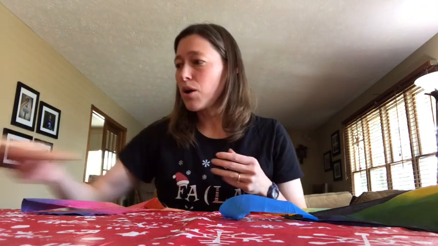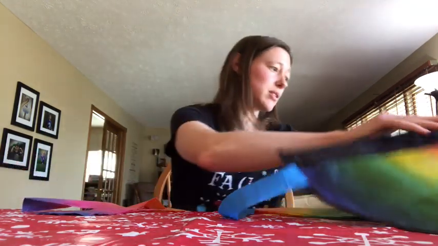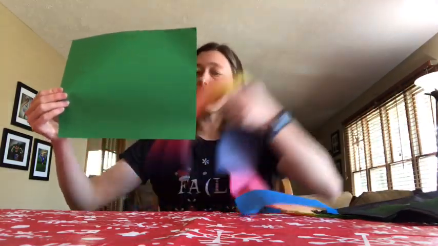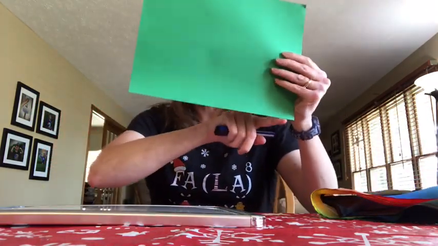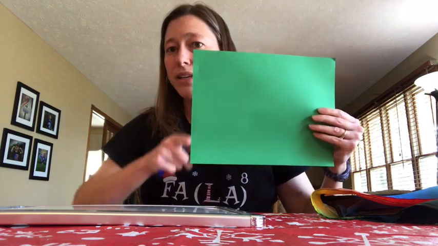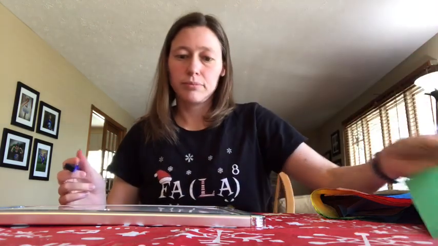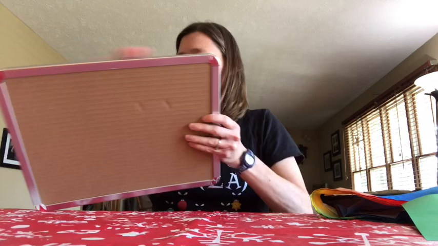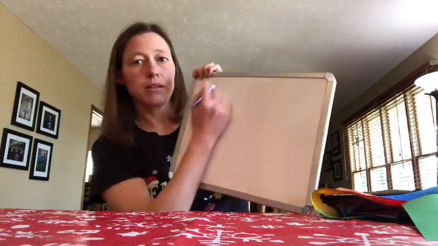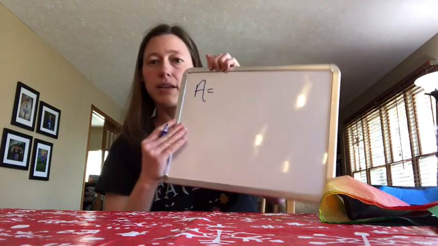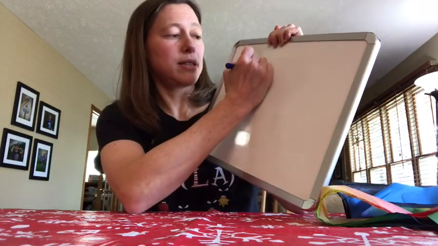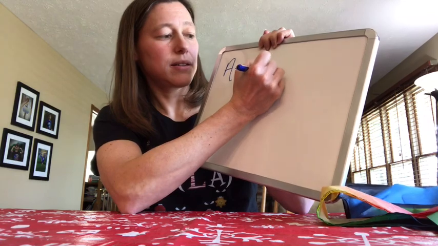Okay, so let's start easy. Let's go with our parallelogram, and in my case it is a rectangle. My base is 11 inches. My height is 8.5 inches. The area of a rectangle is equal to the base times the height.